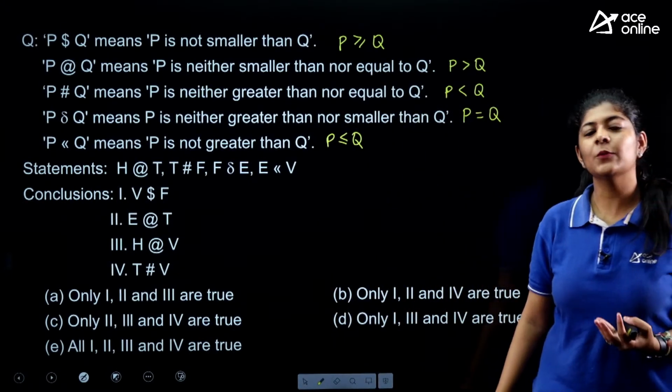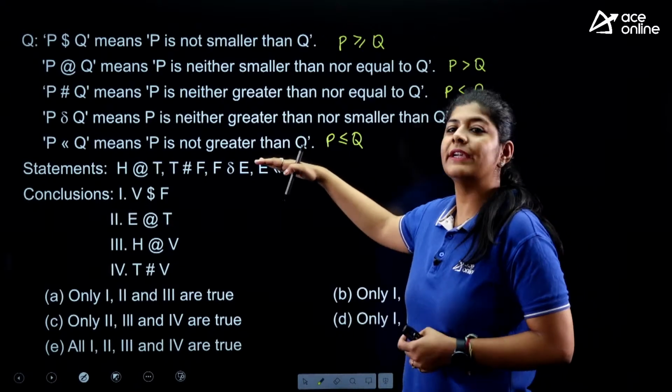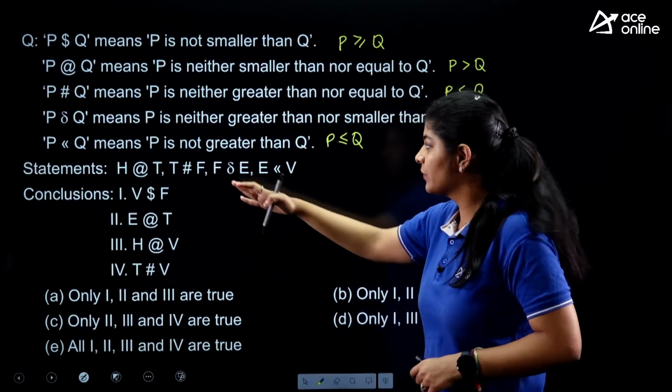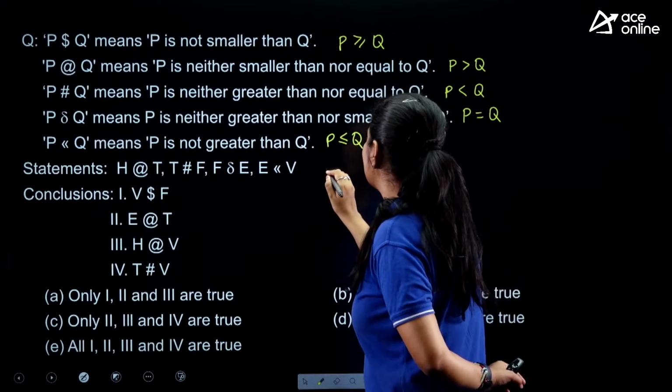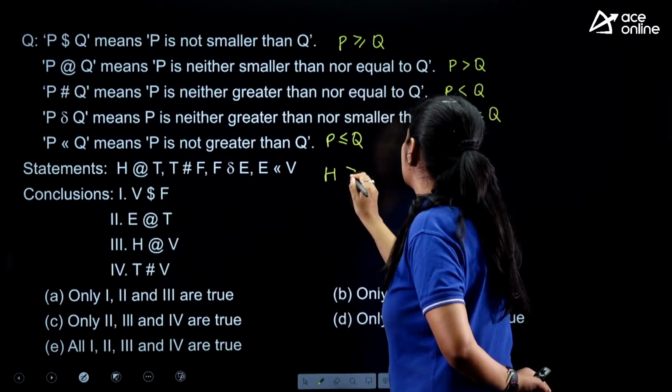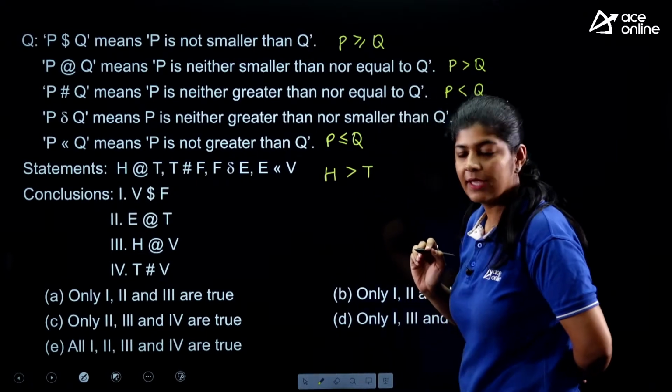Now accordingly, first I have to write down my statements, and after that I need to write down my conclusion. So according to this I can write H, at the rate means greater than T, right?